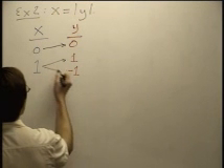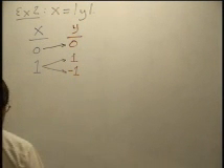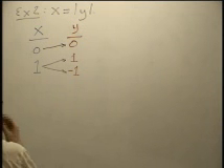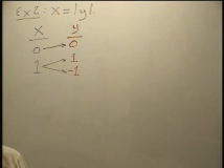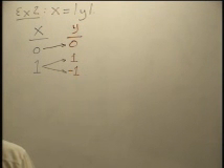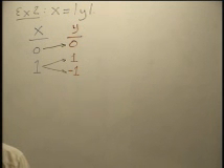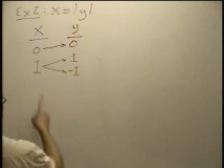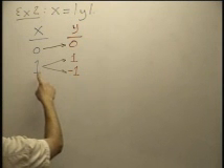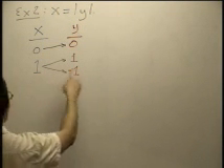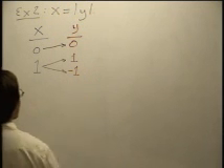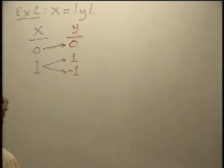So the number 1 in the domain is paired with both 1 and negative 1 in the range. This is the reason that this relation is not a function. It is because in this example we have a number in the domain being paired with multiple numbers in the range, whereas in example 1, each number in the domain was paired with exactly one number in the range.